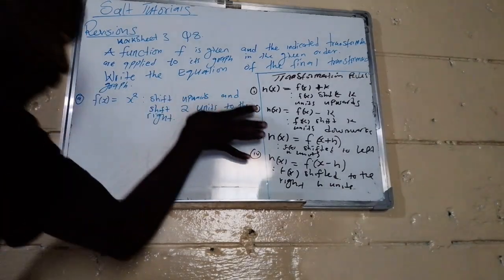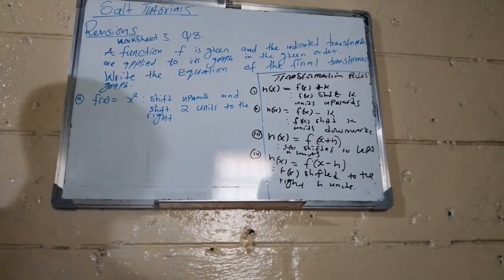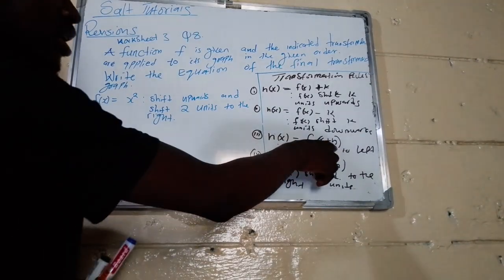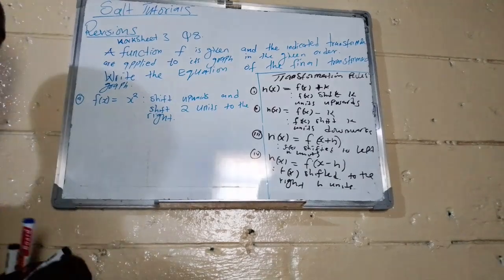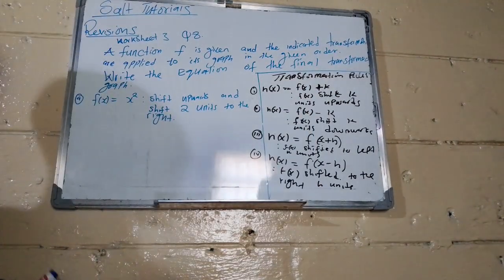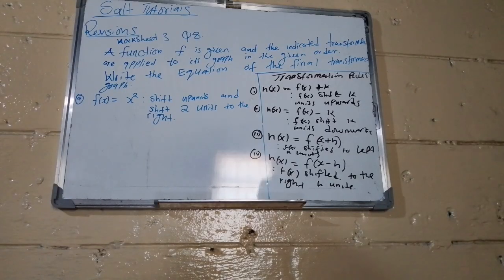These are the first four main ones. These first four only talk about the up and down, as well as the left and the right. If the transformation is happening inside, it is the left or right. If it is happening outside, it is the up or down shift.